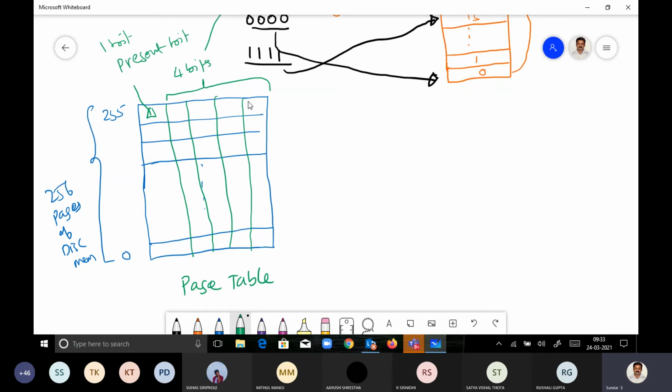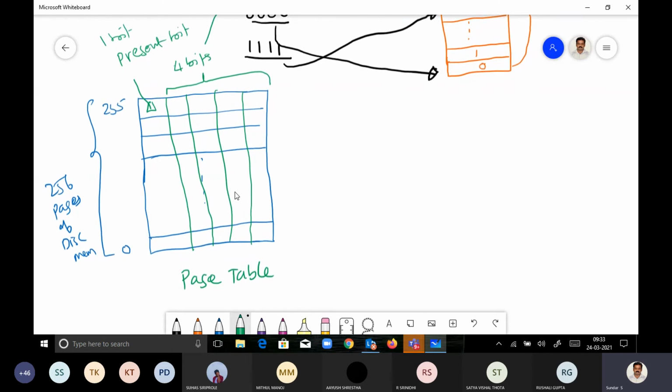In that, 4 columns, because there are 16 pages, we need 4 bits to access any of the 16, and then one present bit. At a time, any 16 entries you can find. So the table will have 16 entries.